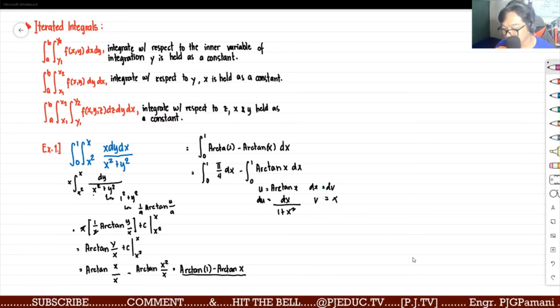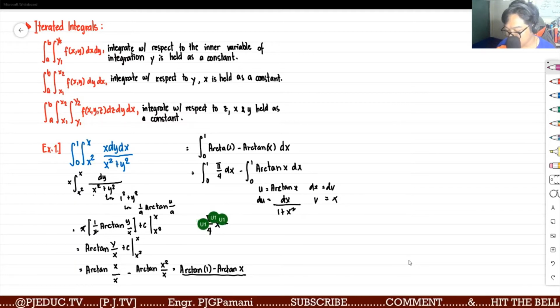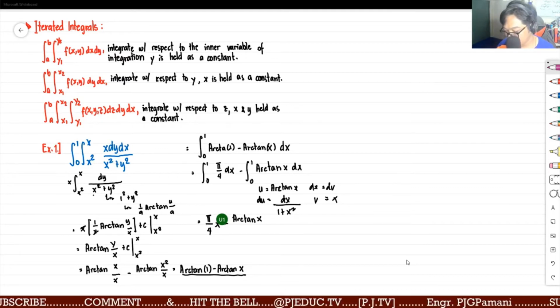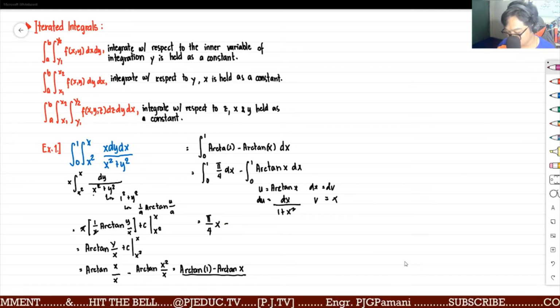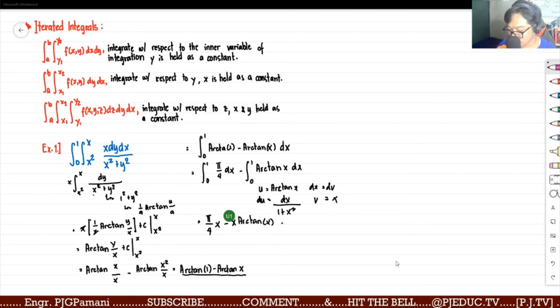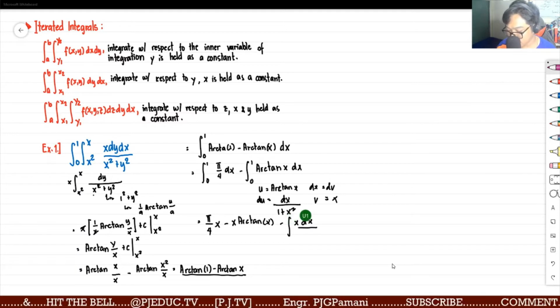By using by parts, that is now pi over 4 x minus u times v, arctan x times v, then arctan x minus the integral of v du, that is x du, which is what? Dx over 1 plus x squared, 0 to 1.